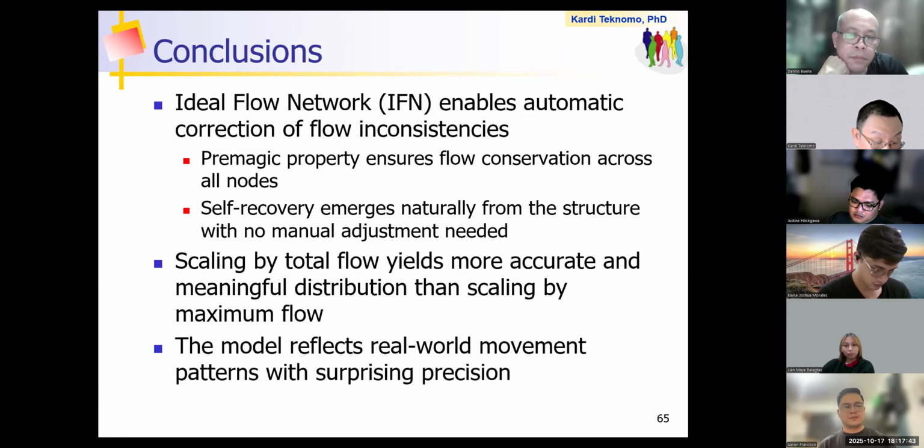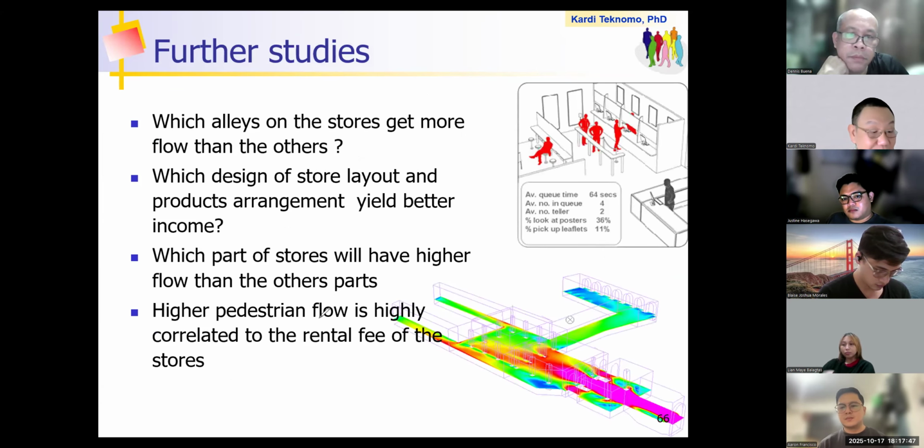So now there are a lot of further studies if you want. Which alley can actually store more flow than the others, how the design and the layout will produce a better arrangement, and so on. You can connect with queuing if you want.